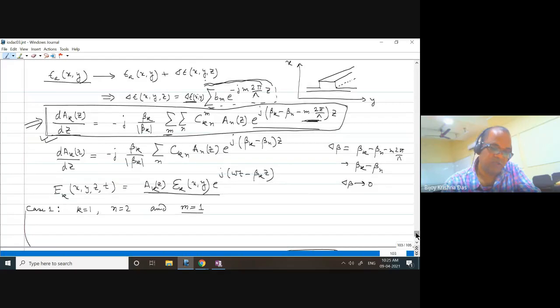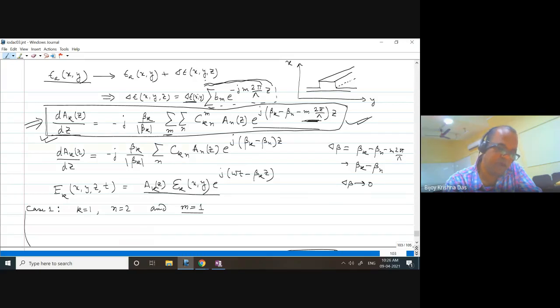Yeah, this is my master equation, and here I have considered m equal to 1 and k equal to 1, right? This one master equation, k equal to 1 and n equal to 2, m equal to 1.